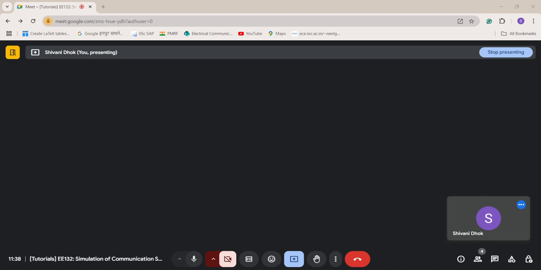Now I need to modify its variance as well, so this will get multiplied by square root of N0 by 2. Let us run this and see what happens.